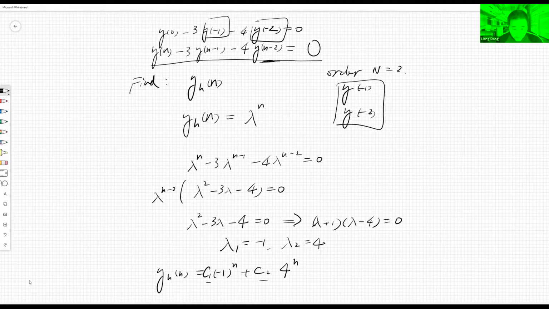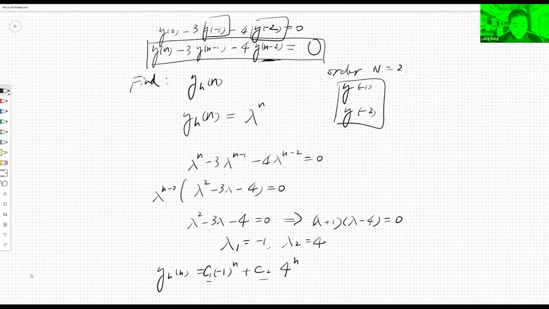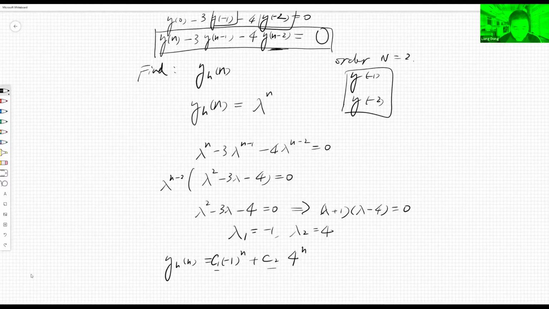So let's look at what we can do with this difference equation. We plug in, let me write, so we're putting here y[0] equals to 3y[-1] plus 4y[-2].